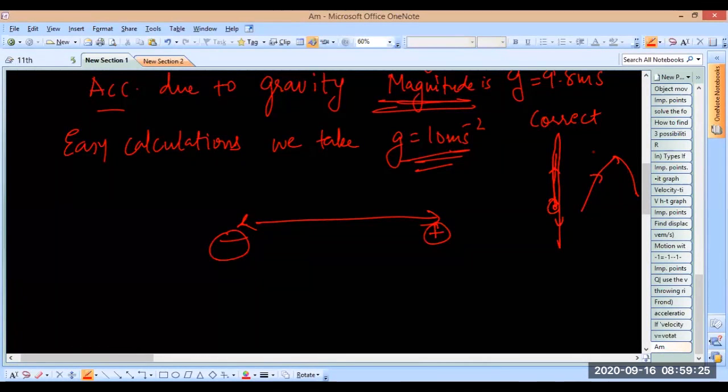All right, that's not what we are talking about. So in such a case, you should take one direction positive and one direction negative. Typically, we take upward positive and downward negative. Is this clear? We take upward positive and downward negative.